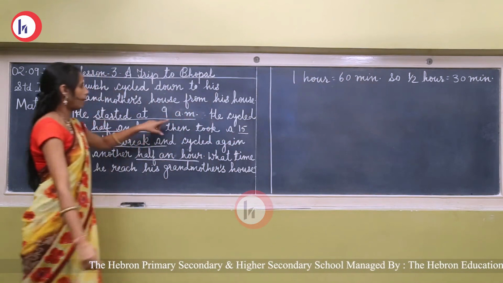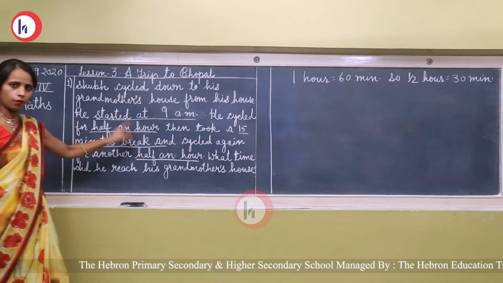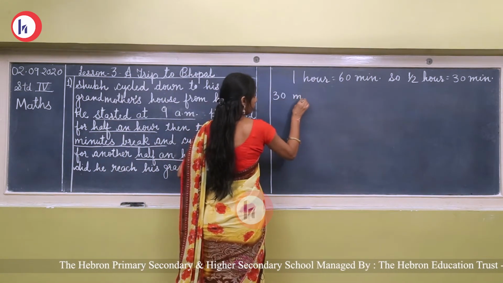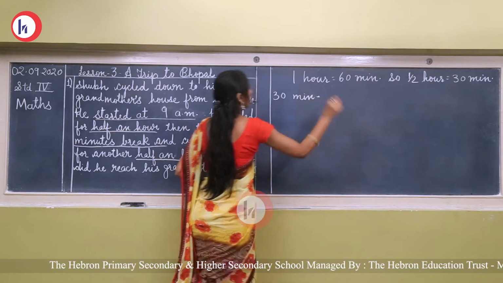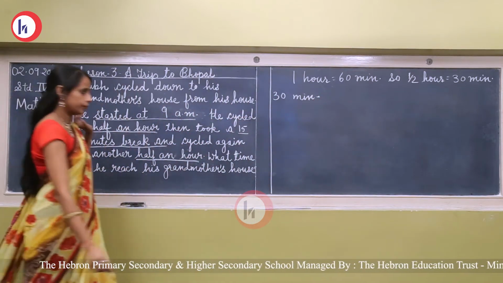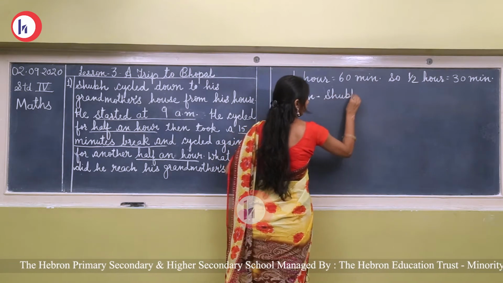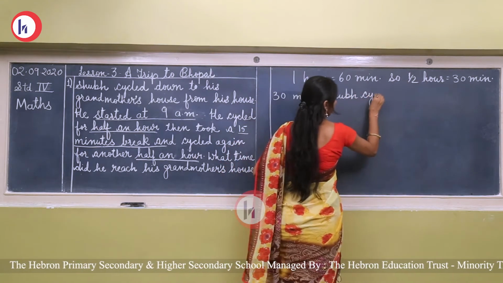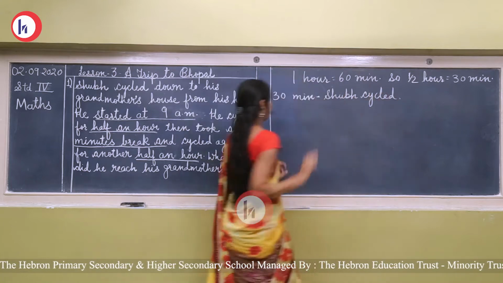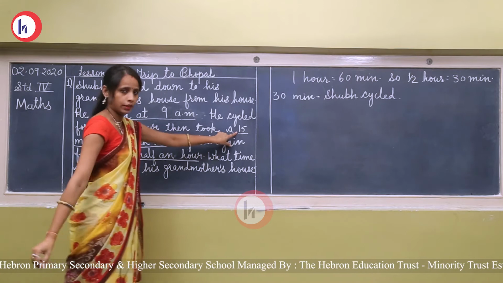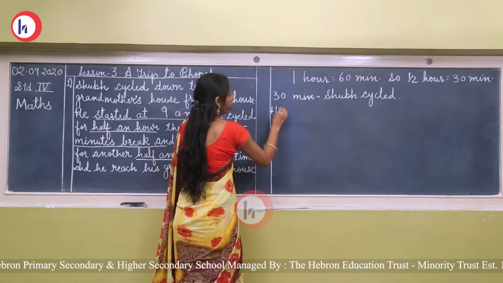Now come again. He cycled for half an hour, so half an hour means 30 minutes. He cycled 30 minutes. Then after cycling he took a break for 15 minutes, so that will be added.